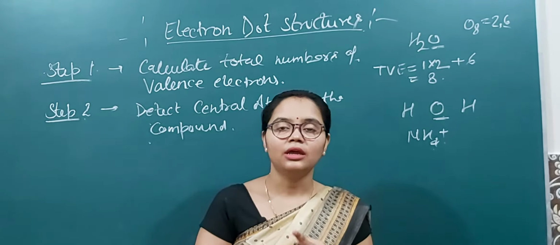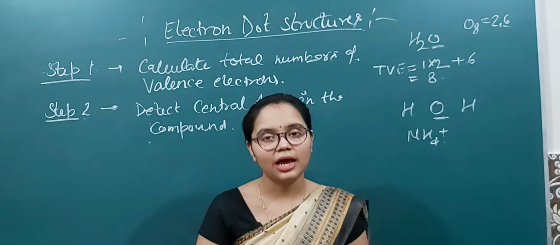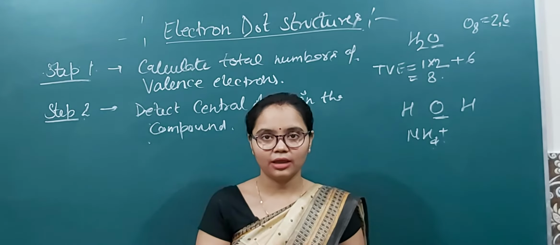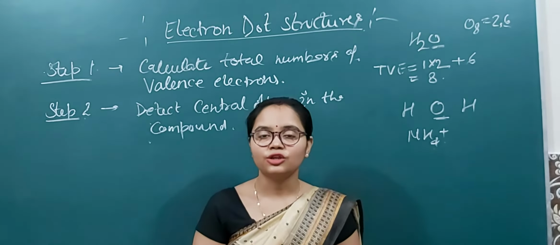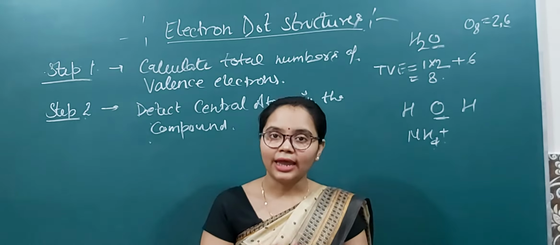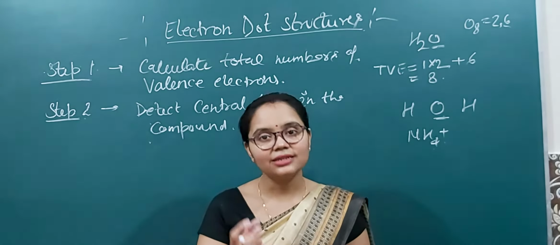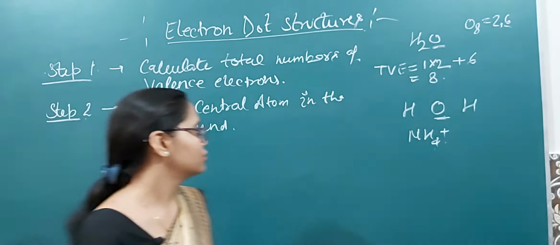Now the second point. Suppose in the given compound more than 1 atom is present with the same number. In that case, what will you do? In that case you will compare the electronegativity. The atom which has the lower electronegativity will be your central atom.